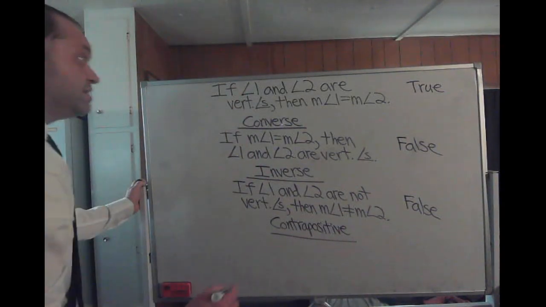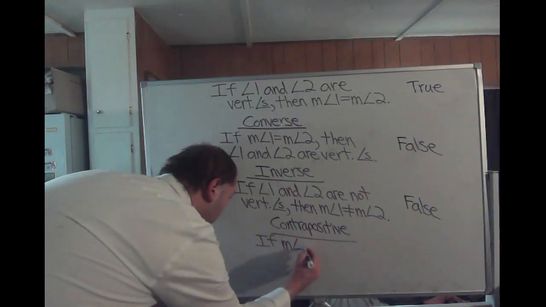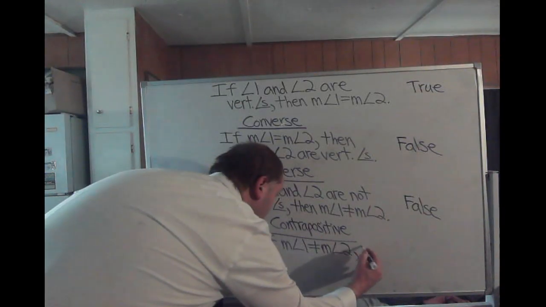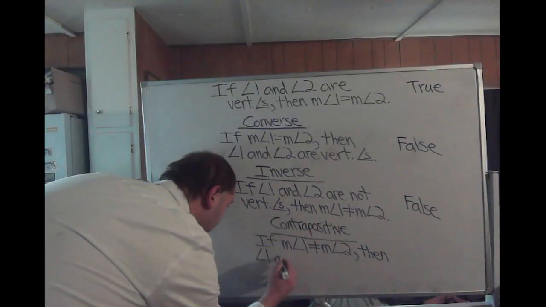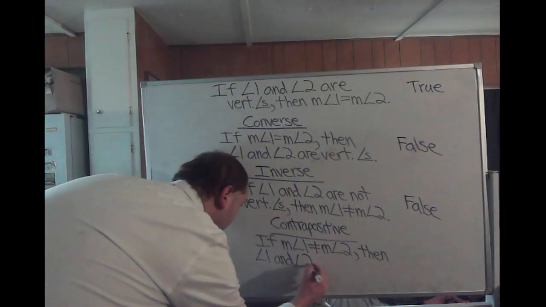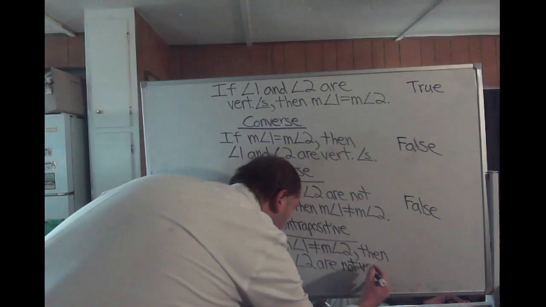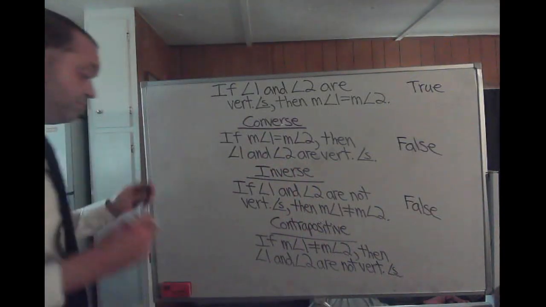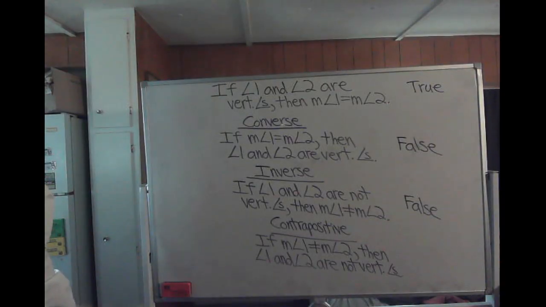The contrapositive would state that if the measure of angle 1 does not equal the measure of angle 2, then angle 1 and angle 2 are not vertical angles.